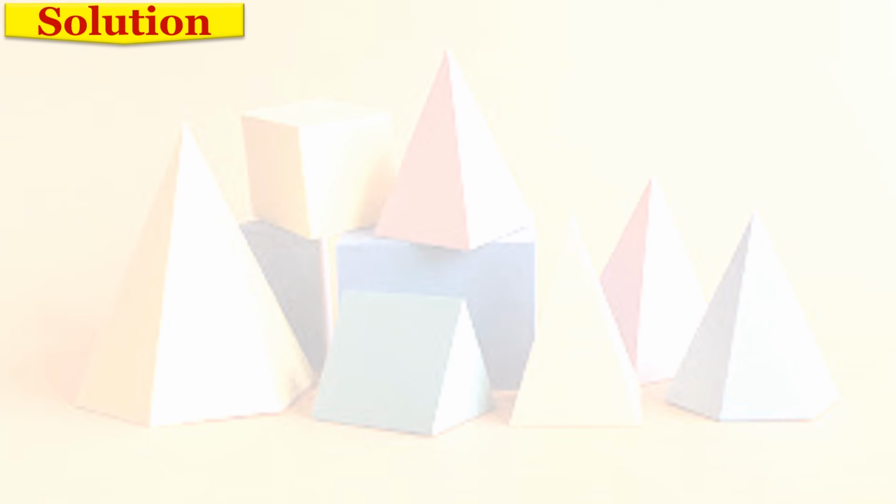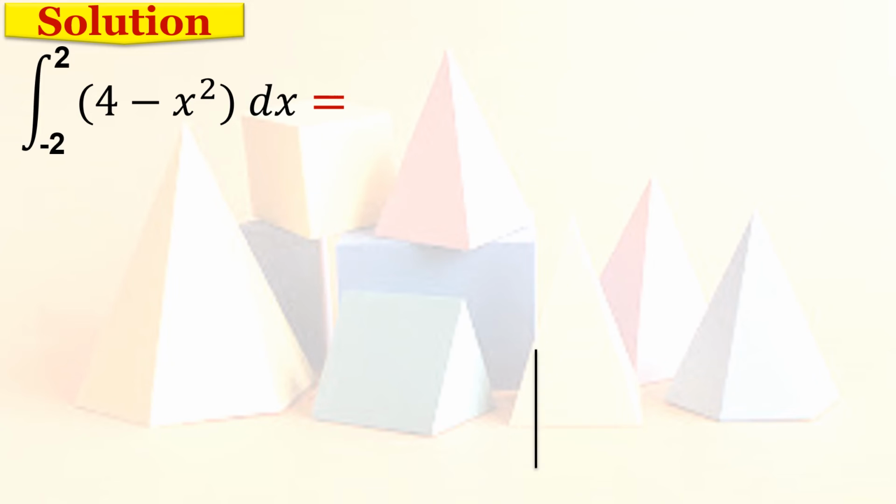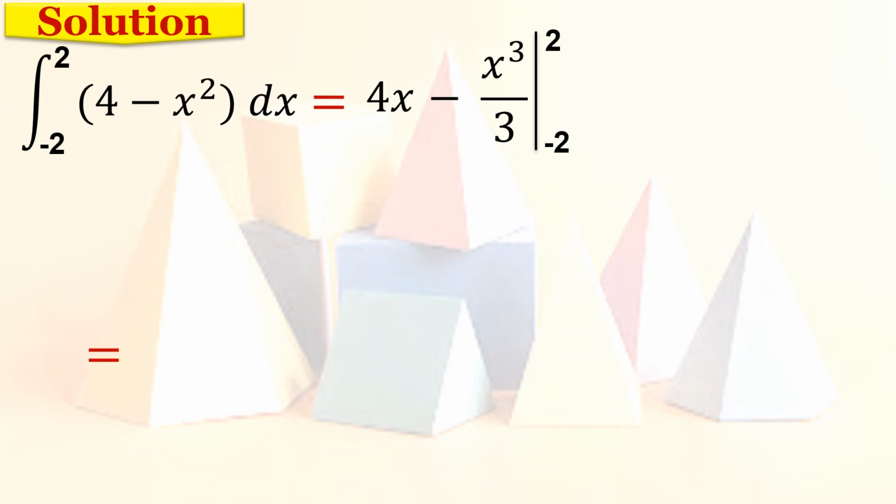Solving further, we are going to get the integral of 4 minus x squared dx from negative 2 to 2. So the first step, we are going to integrate 4 minus x squared, which is equal to 4x minus x to the third over 3 from negative 2 to 2. From here, we are going to substitute our upper limit first before our lower limit.